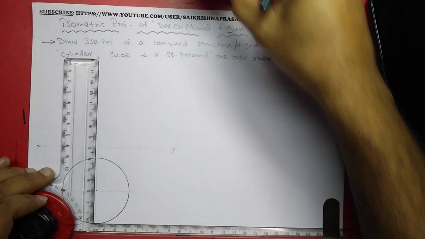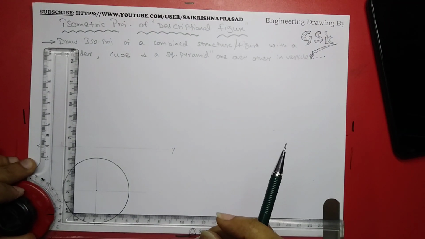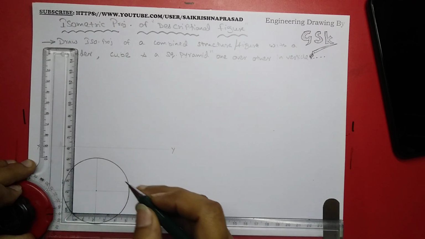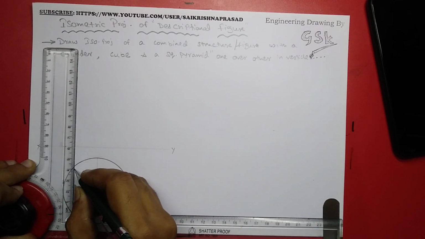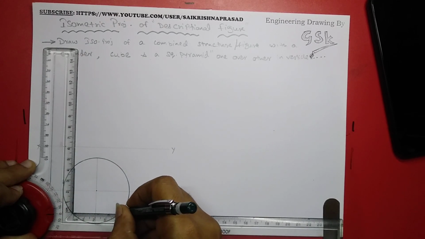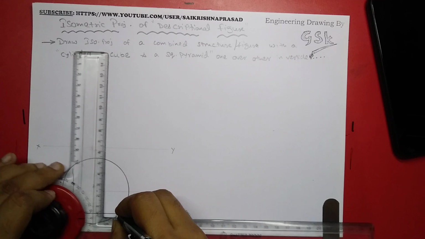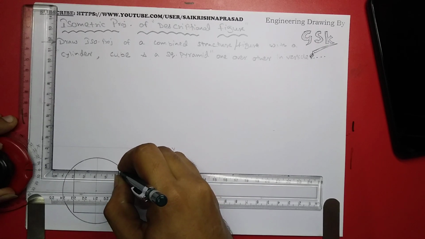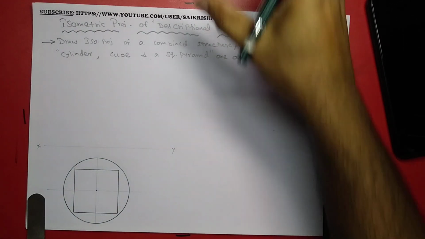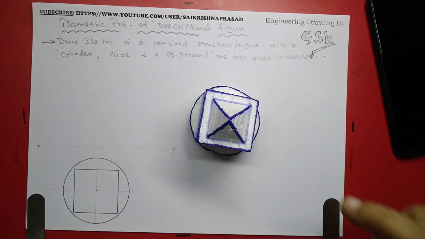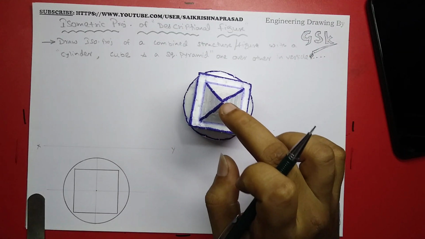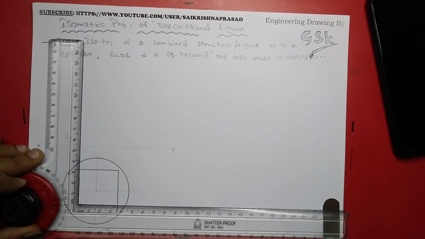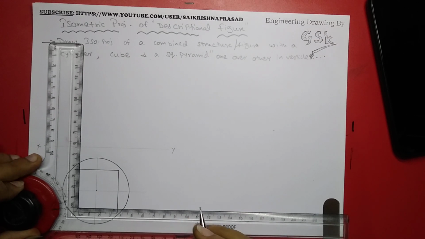The dimension of the cube is 40. Right? So I have drawn a cylinder top view and a square top view. Next I'll be drawing the top view of the pyramid. The dimension of that is 30.